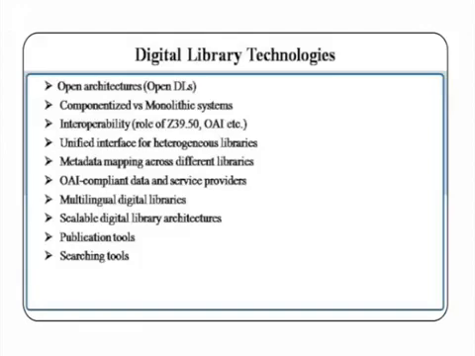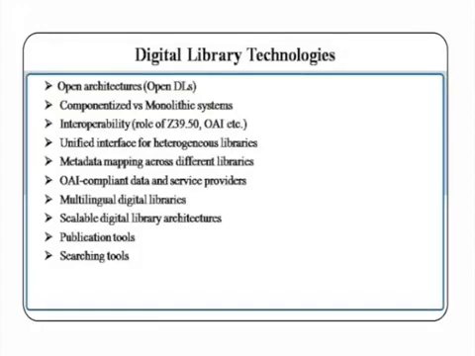So open architecture generally gives birth to the open digital library softwares, and the componentized or monolithic system: whether you put it as a single object and manage it in a system, or as a distributed object. This also is to be addressed by the technology used for creating digital libraries.